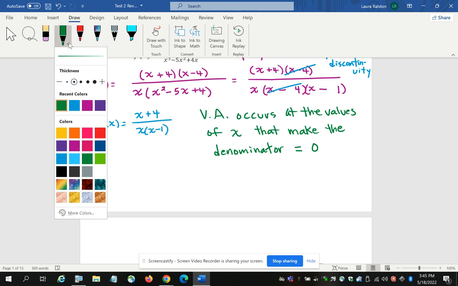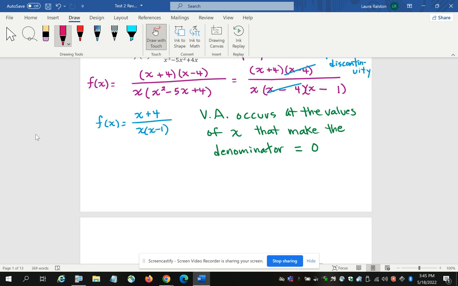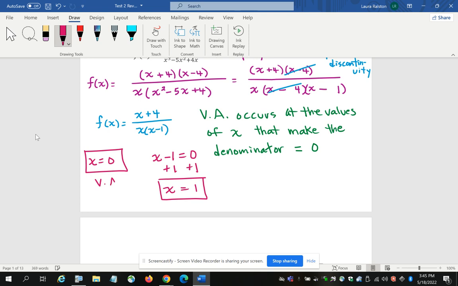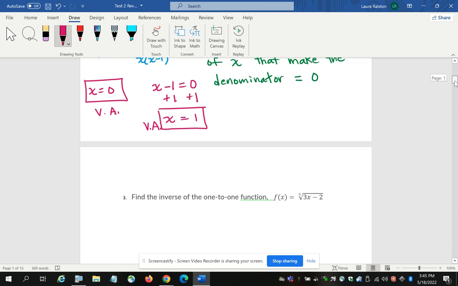So I would have x equals 0 or x minus 1 equals 0. Solving for x, I find that my vertical asymptotes are x equals 0 and x equals 1. Again, the value x equals 4, which divided out, is a point of discontinuity, not a vertical asymptote.